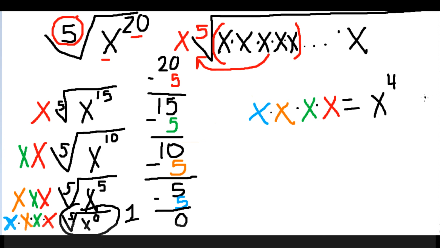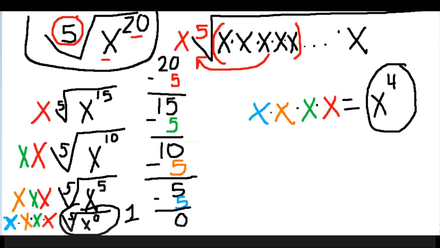Again, think of your exponent like a copy maker. So as it turns out, you guys, this radical expression, the 5th root of x to the 20th, simplifies to x to the 4th. And what did we do, you guys? We did repeated subtraction, right? We said to ourselves, okay, we're starting with 20 copies of x, and we're pulling out groups of 5.